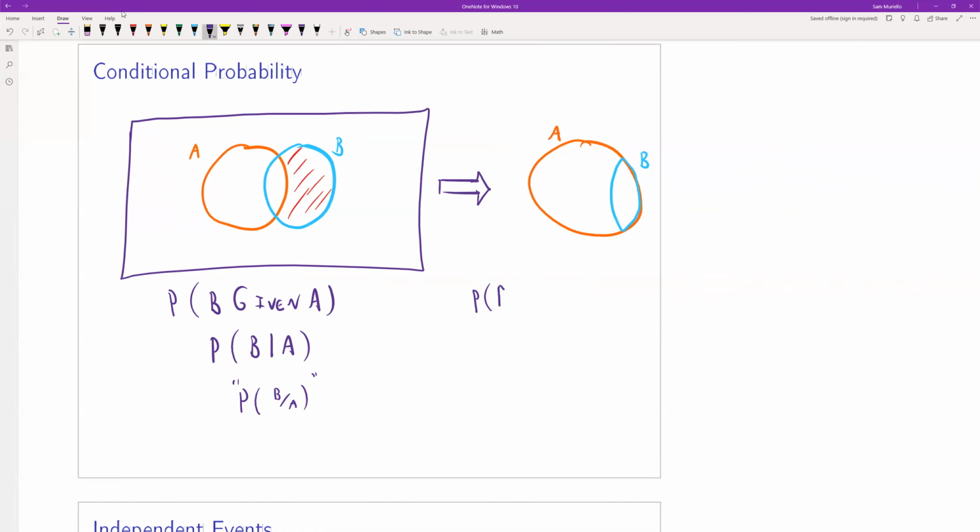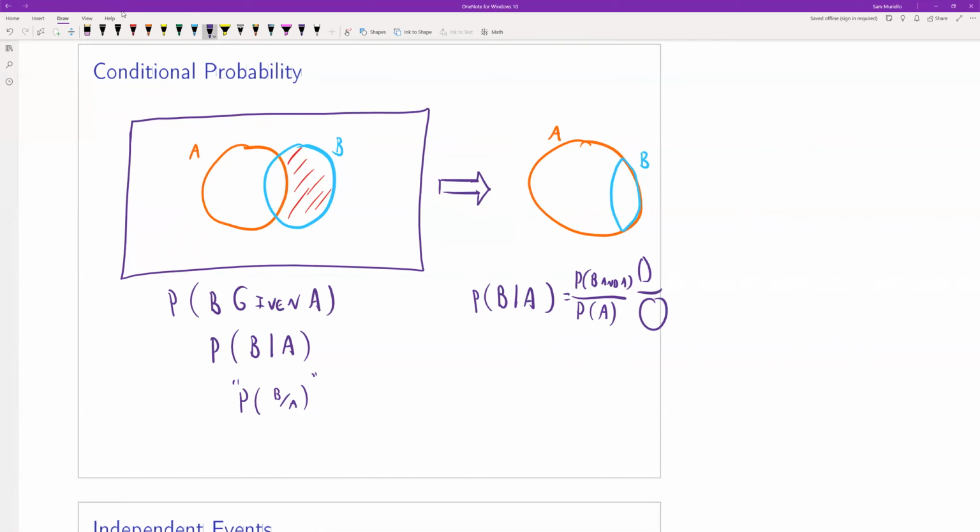The probability of B given A is going to be the overlap divided by the entire circle, which means I need to take the probability of B and A and divide it by the probability of A. What are the odds that both B and A happen?